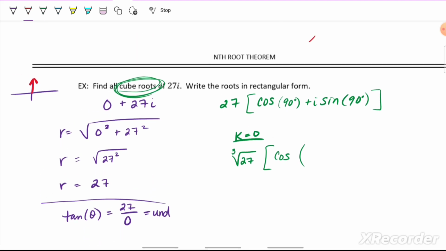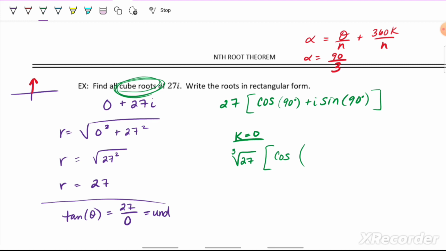All right, we get that alpha is equal to theta over n plus 360k divided by n. Well, our theta was 90 degrees, and our n is 3 for cube root.